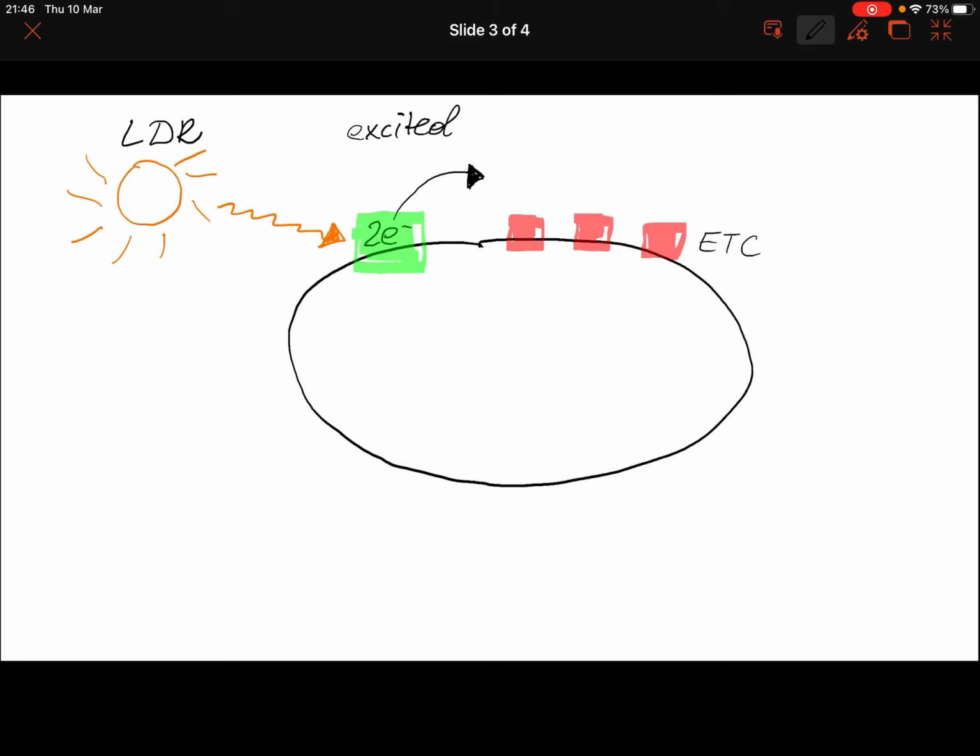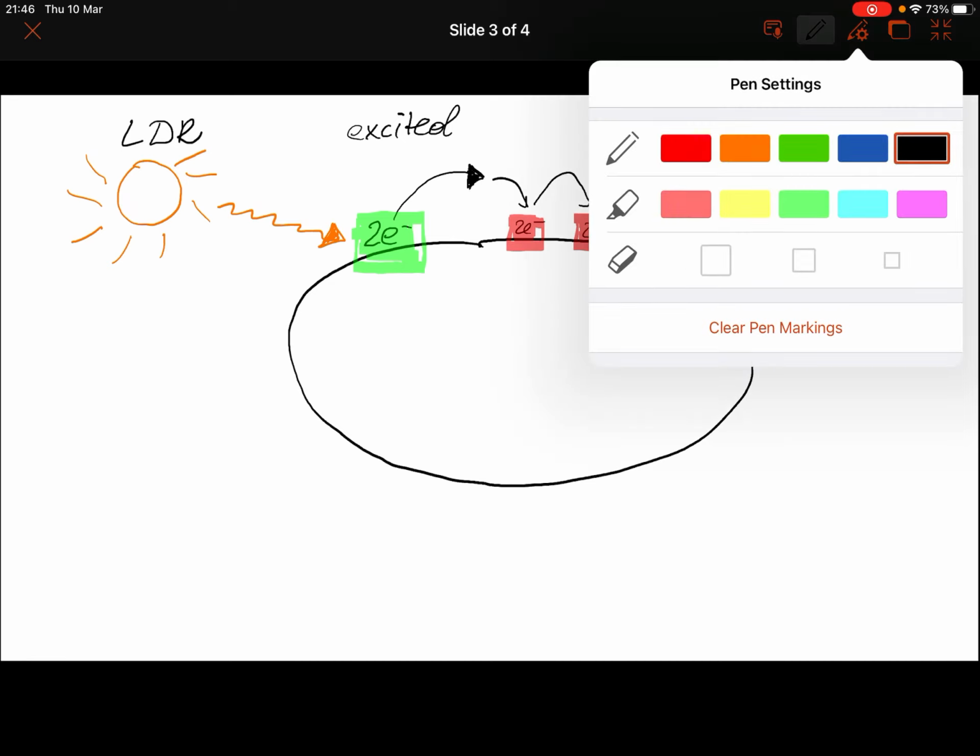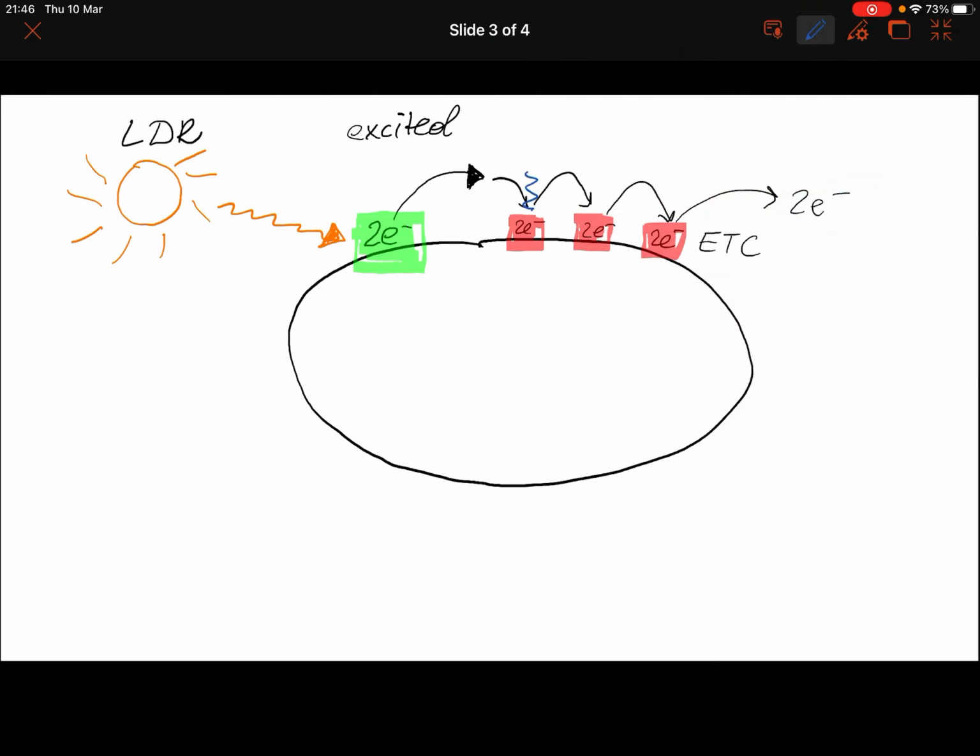So remember, electrons previously got excited, they left the chlorophyll, and now they're going to jump from one carrier to another carrier. Those carriers are making the electron transport chain. So they keep jumping and jumping and jumping. So imagine each time you jump on the trampoline, you now are going to release energy.